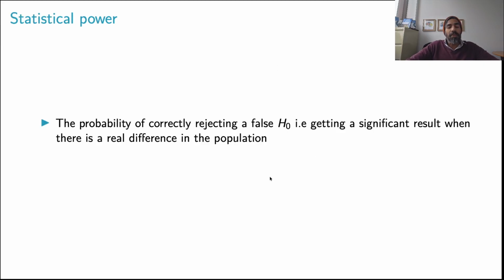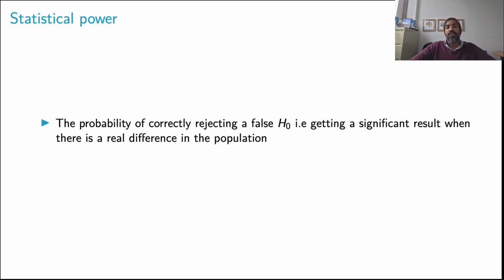So what is the probability of correctly rejecting a false null hypothesis? Your null hypothesis is not true, so what's the probability of rejecting it, given it's not true in the population? For example, getting a significant result when there is a real difference in the population.